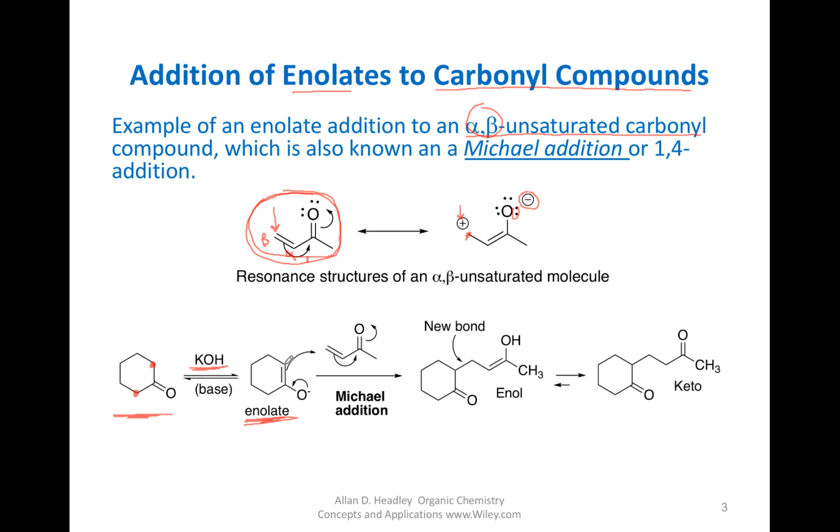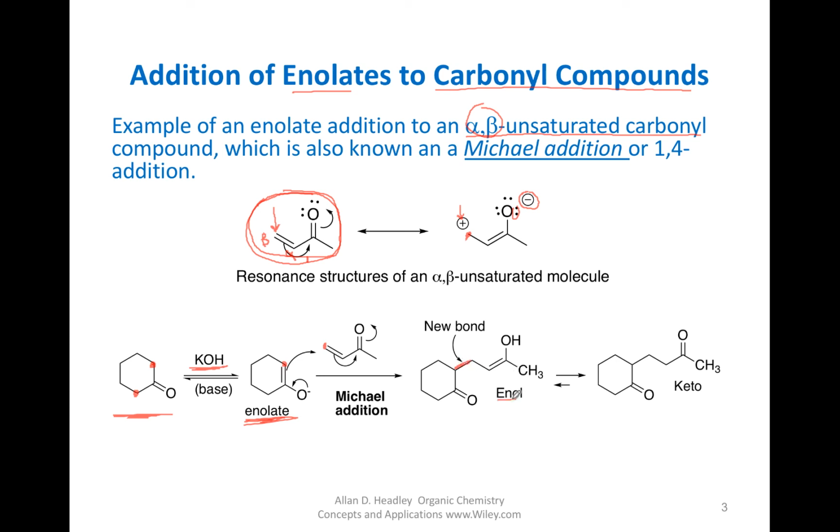As we said earlier, this carbon here is the nucleophilic end of the enolate. So when the electrons move back in, it will bond to the beta carbon of the alpha beta unsaturated carbonyl compound. The new bond that's formed is right here.